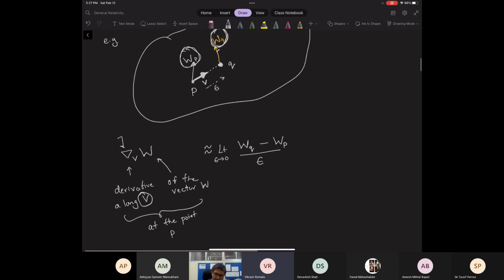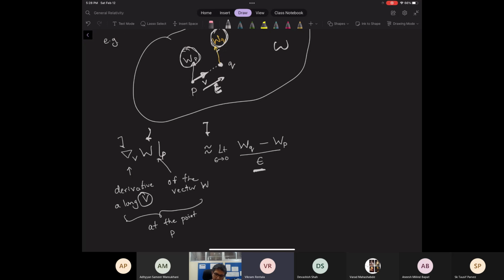And we have to define the vector field W, which is a vector field over the entire space, and we have to define at which point we are taking this derivative. So we're taking the derivative at the point P. Roughly speaking, we'd like to define it in the limit that this displacement from P to Q, which we'll write as some epsilon, goes to 0.